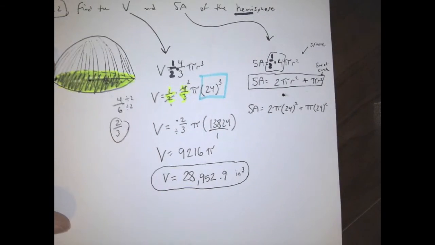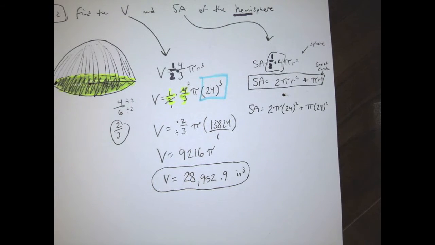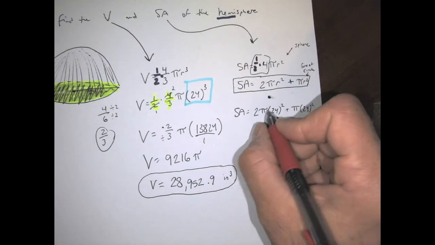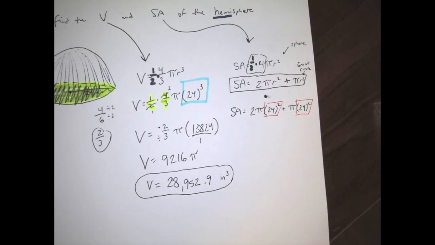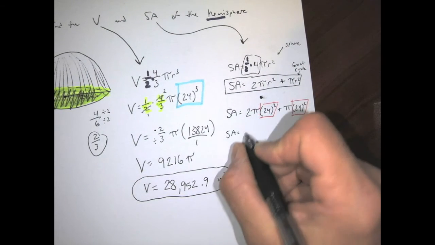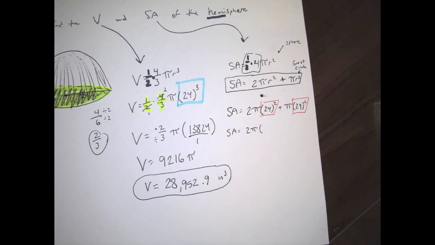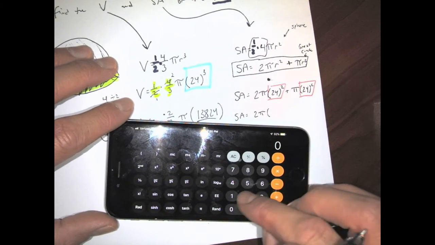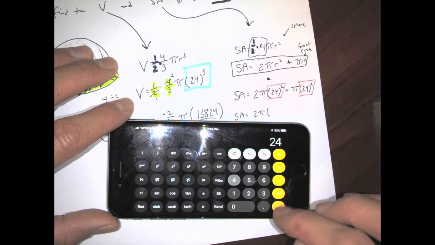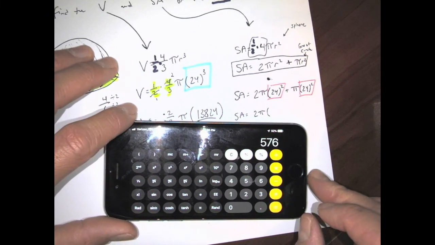Cool, cool, cool. Alright, if you know what you're doing, I'll meet you at the answer, folks. I'm going to square 24. Surface area is going to be 2 pi 576. That sounds right. 24 times 24 equals 576. There it is.